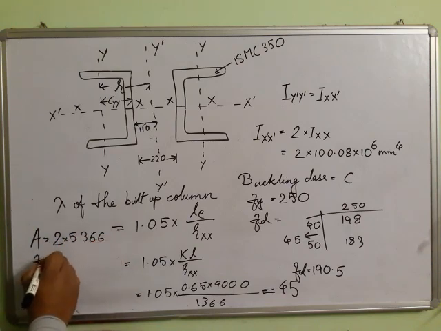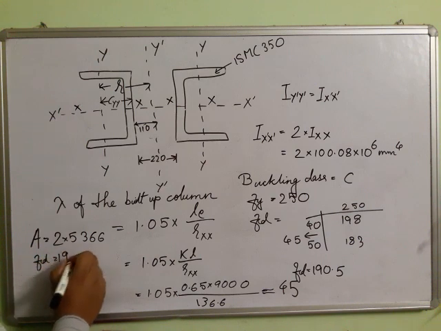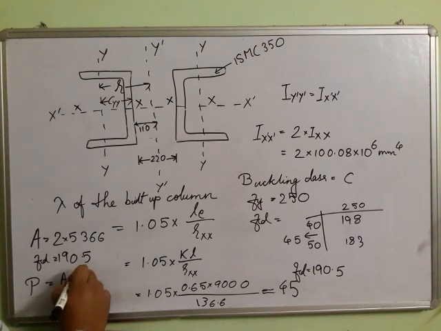And FCD we know. So load carrying capacity we can find it in this manner. So 190.5 into 2 into 5366. So ultimately how much is it? Just calculate.